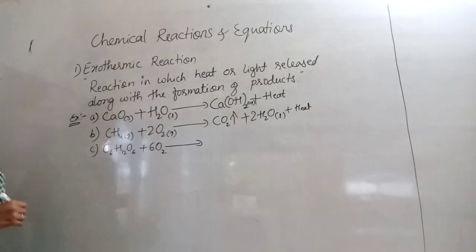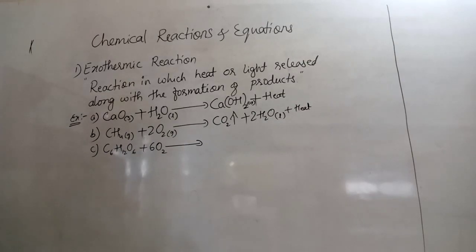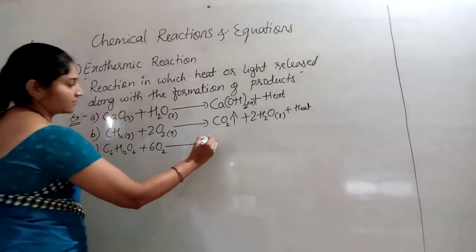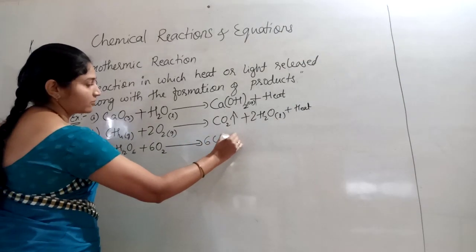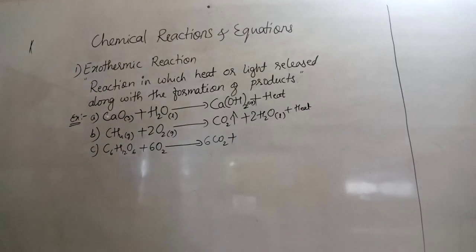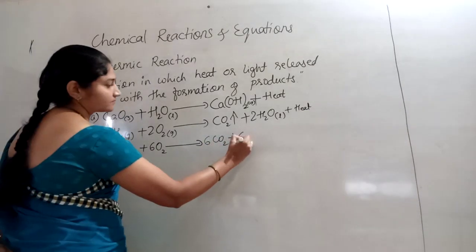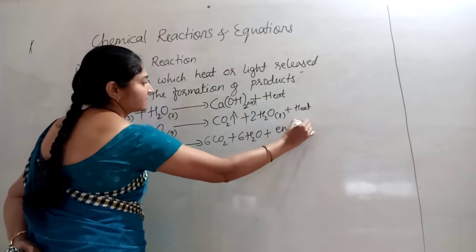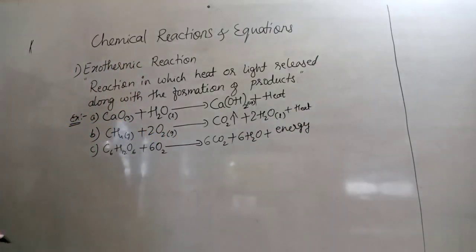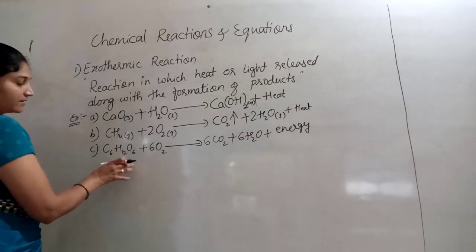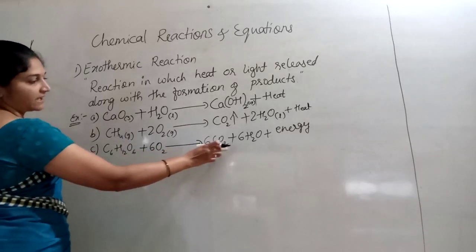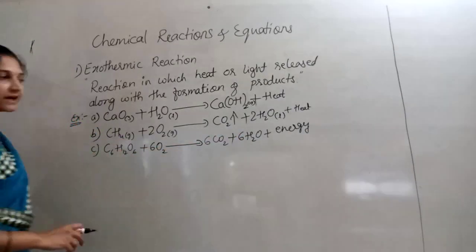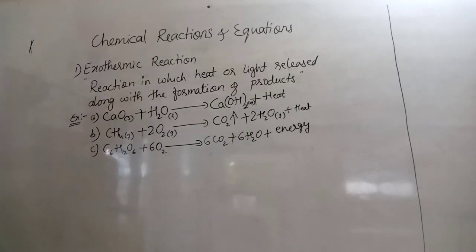When it reacts, the products formed are 6CO2 plus 6H2O plus energy. We know that heat and light are forms of energy. So even when glucose in food breaks down into products, that reaction is also an exothermic reaction.